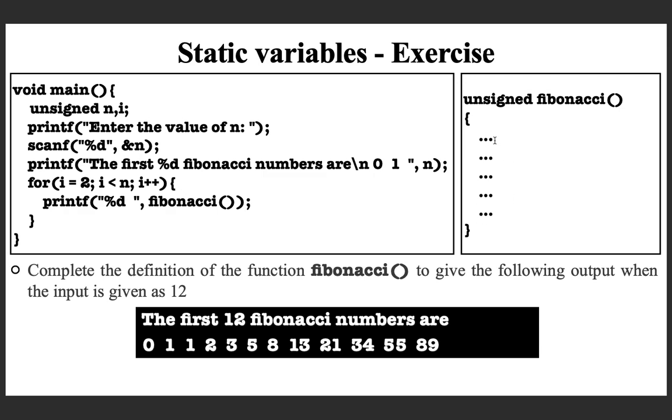You can write exactly 5 statements here: this is a return statement, and here you need a static variable declaration with 2 variables. Then just these 3 statements you can decide. Okay, and this is a nice example which will let you understand what static variables actually are and why we need them.